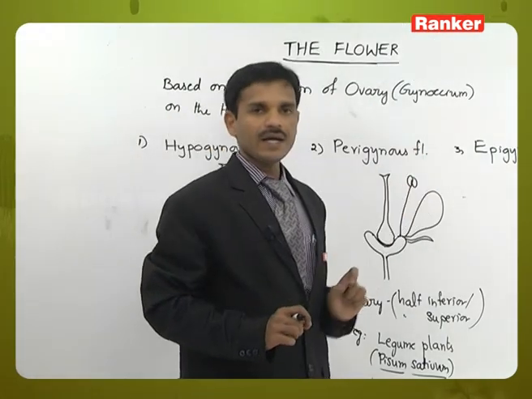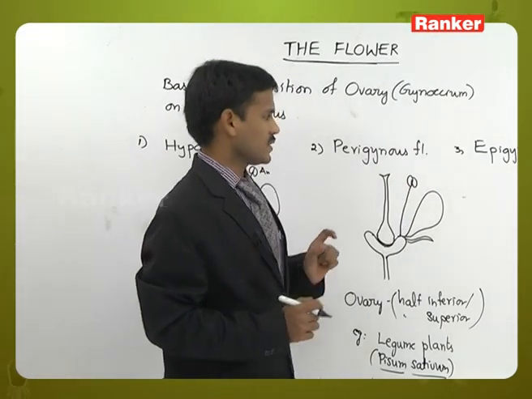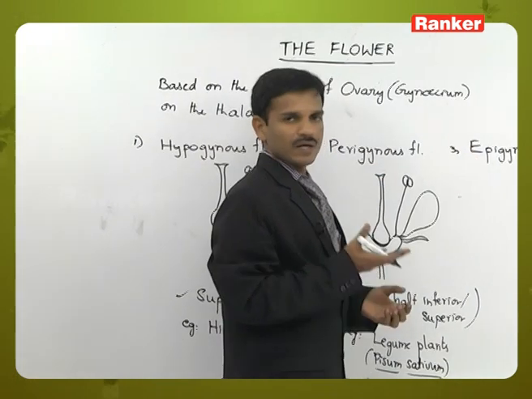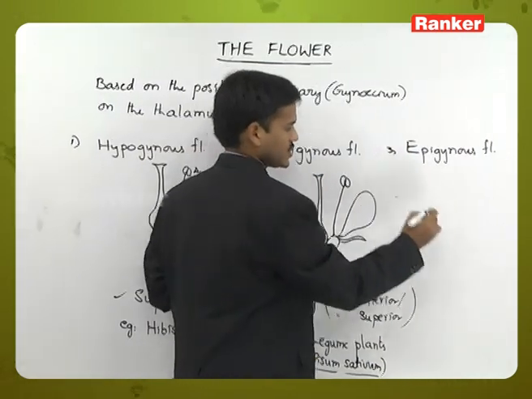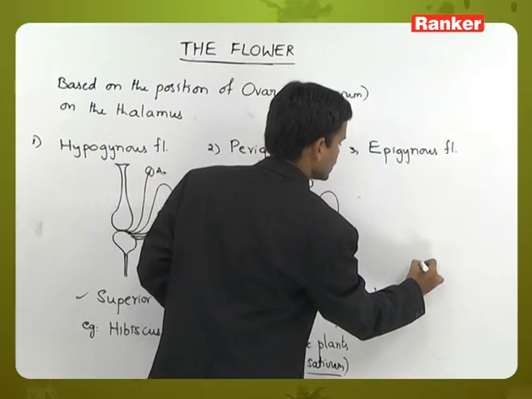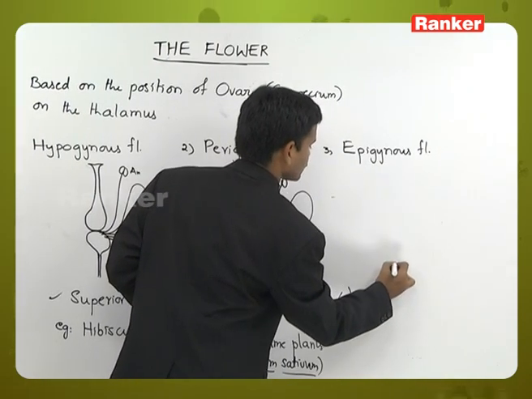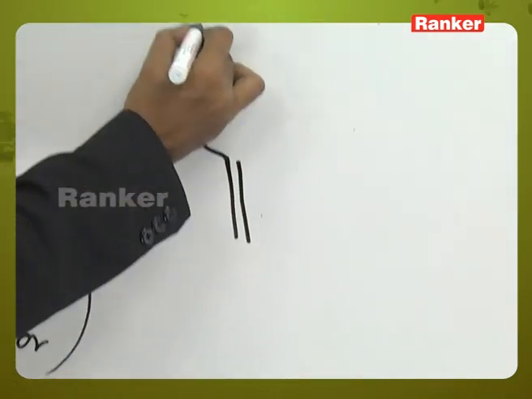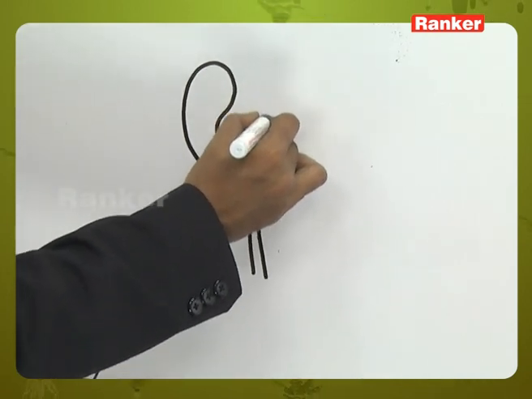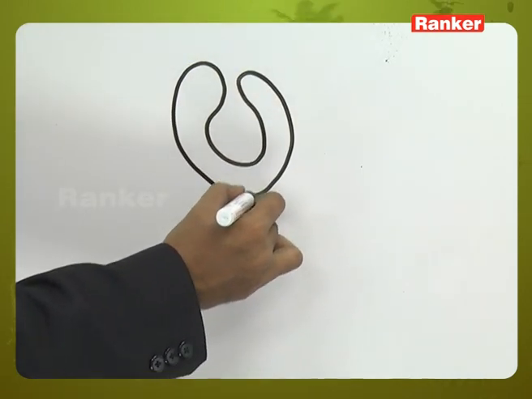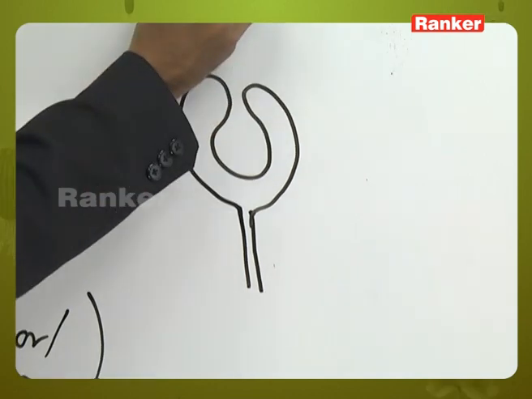Next, epigynous flower. Epigynous flower, here epi means above the gynoecium. Here the thalamus is a deep cup-like structure.